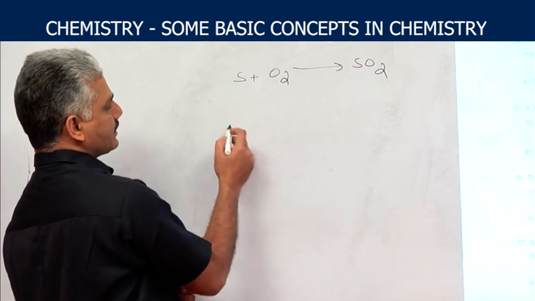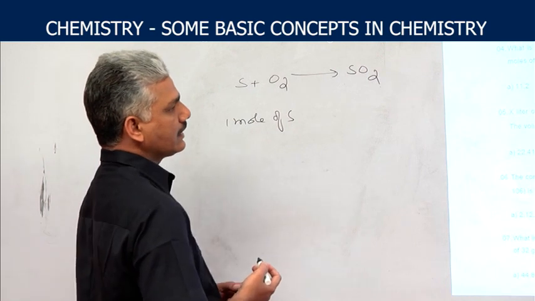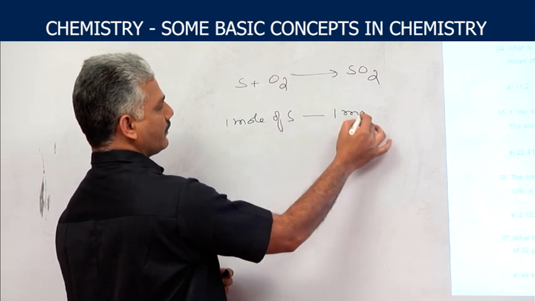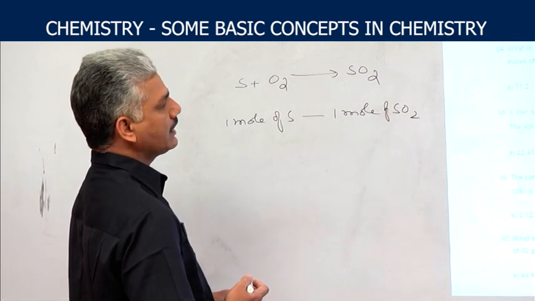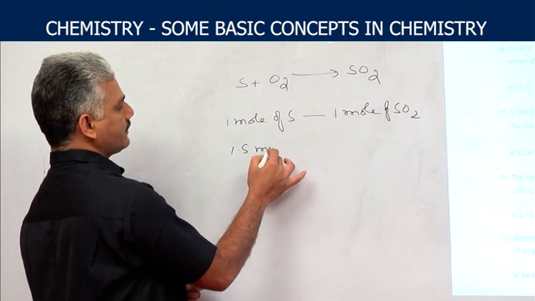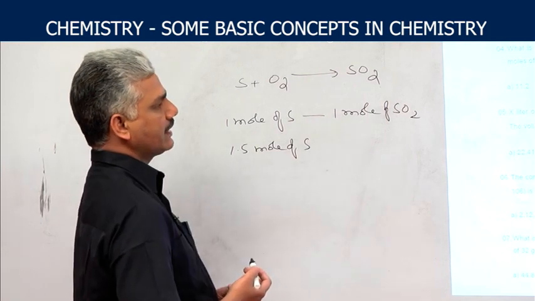As per the balanced equation, 1 mole of sulfur can react with 1 mole of oxygen to give 1 mole of sulfur dioxide. Now, in the given problem, 1.5 moles of sulfur is reacting. So, how much of sulfur dioxide will you get?